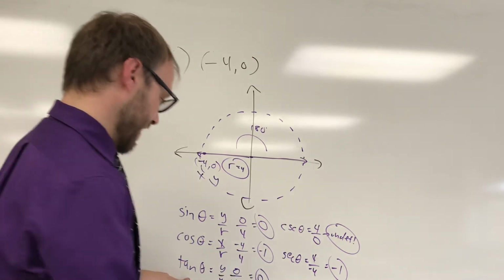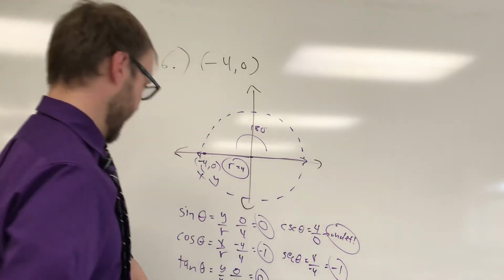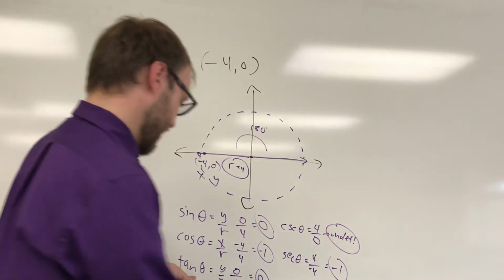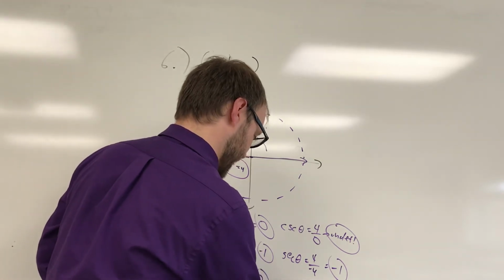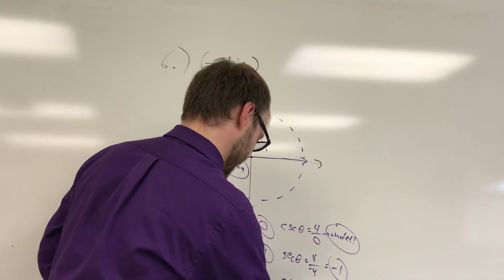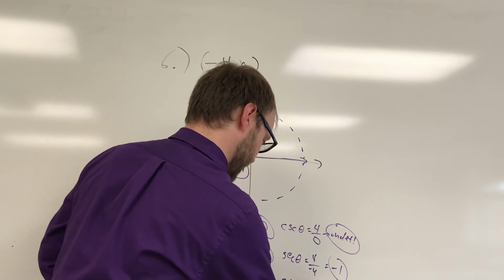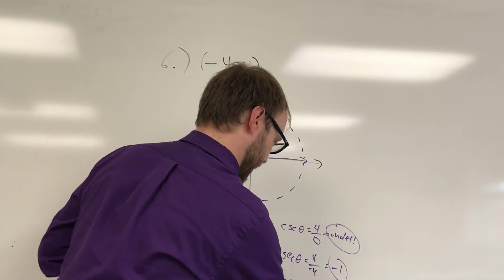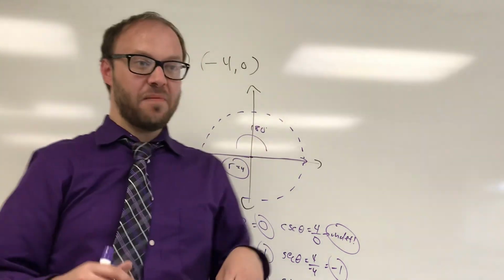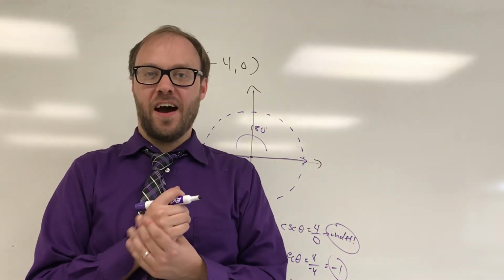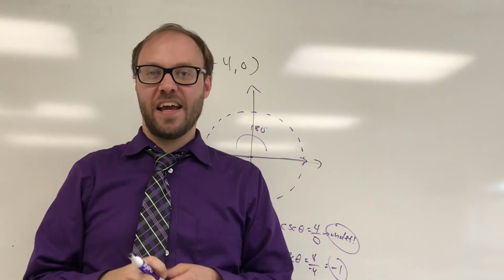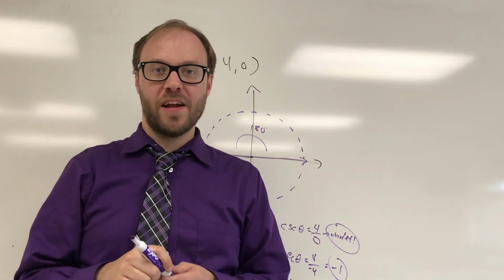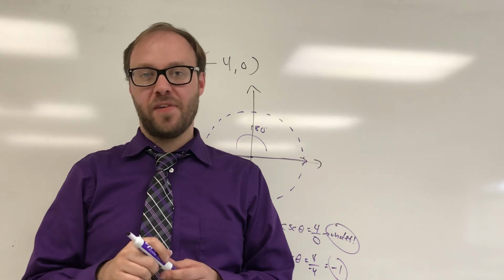And then finally, the reciprocal of the tangent function here is the cotangent. That would be -4 over 0, and that's also going to be undefined. So interestingly, some of these reciprocal functions could actually be undefined. You're going to see that occasionally from time to time, so watch out for that. But that's kind of an overview of how number 6 works.